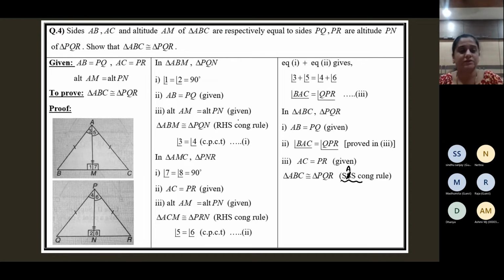Altitude AM is equal to PN. Angle 3 is equal to angle 4 by CPCT. Then AC is equal to PR, AM is equal to PN. Angle 5 is equal to angle 6, BAC is equal to QPR in the two triangles. Yeah, SAS. I by mistake have written this one as SSS, children. All right. Do that correction. The congruence rule is SAS. That's all.